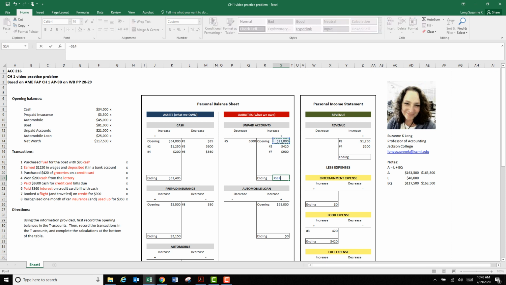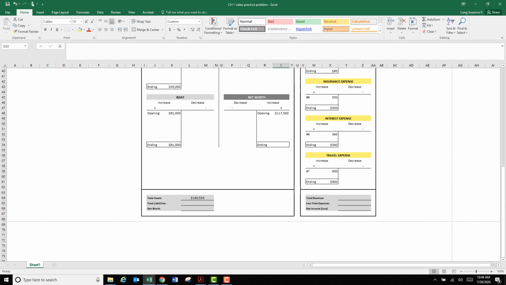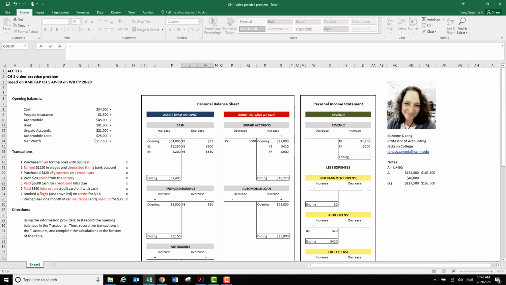So we've got equals this, plus this, minus this, 18,750. Automobile loan. What's up with that? She didn't make a car loan payment? I'm telling you, this is a goofy one. So down here, liabilities, I can say it's equal those two. So we got this one plus this one.